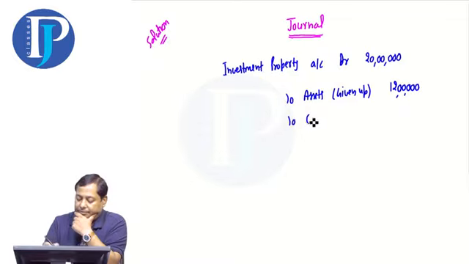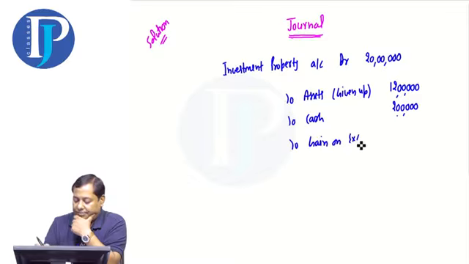To cash. You paid 2 lakhs in cash. Don't look at given up. To gain on exchange. So gain on exchange: 12 plus 2, 14, so 6 lakhs.